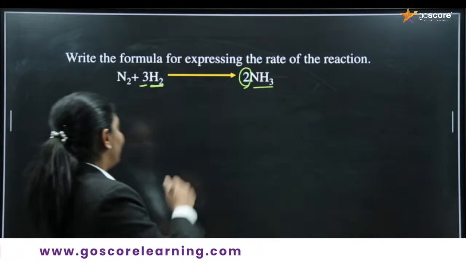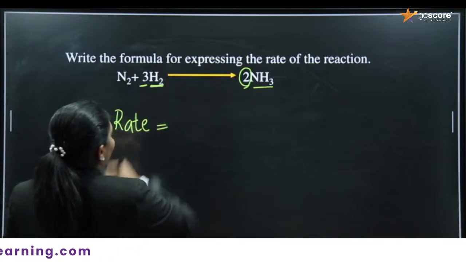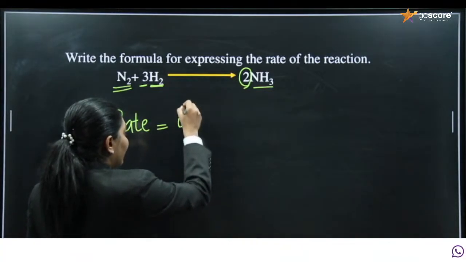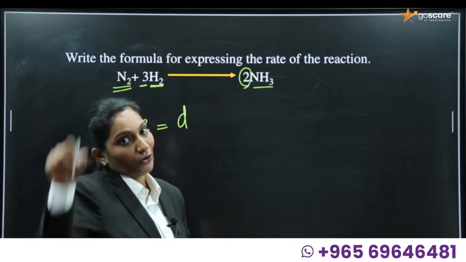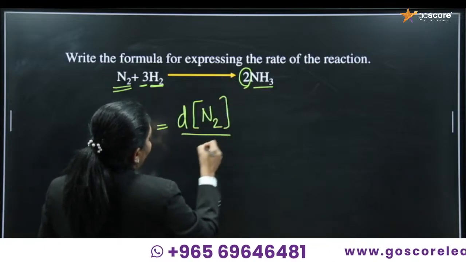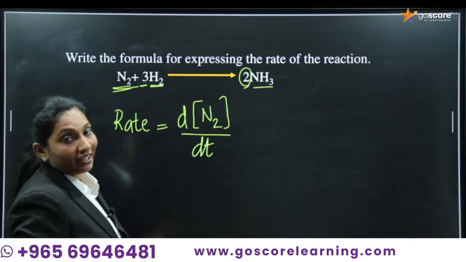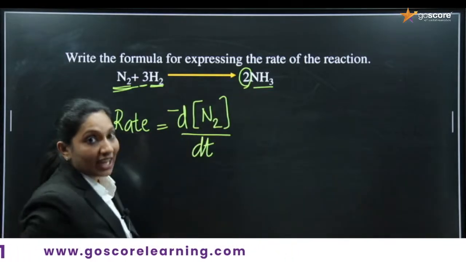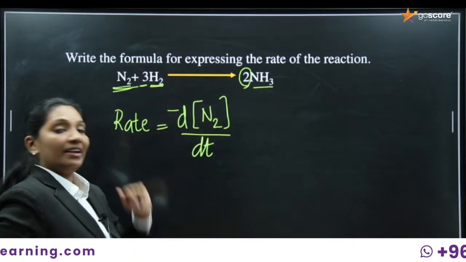Got it? See, you are writing the rate of this equation. Rate is equal to, in terms of nitrogen, how can we write it? The concentration of nitrogen, by putting a square bracket, right? D[N2] by dt. As nitrogen is the reactant, we have to put a negative sign here. So the rate of reaction in terms of nitrogen is rate equal to minus d[N2] by dt.